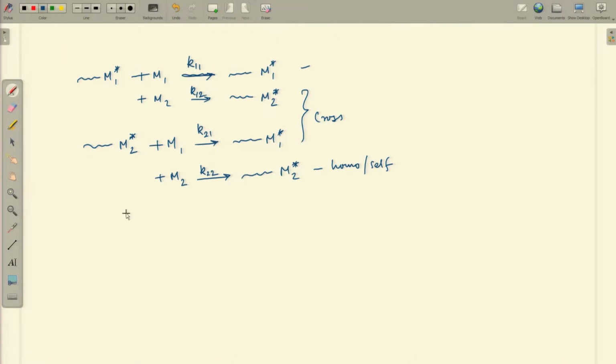Now, in the first step and the third step, M1 is consumed. So, if I want to write the rate of polymerization or rate of disappearance of monomer 1, this happens in two steps, the first step and the third step. So, K11 M1 star and M1, and it also happens in the third step, so we can write K21 M2 star M1.